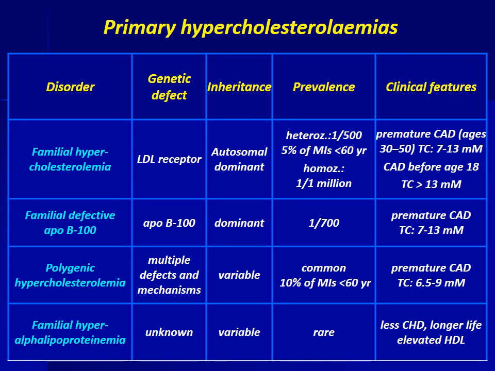Familial defective ApoB100, the genetic defect is ApoB100. The inheritance pattern is dominant. Polygenic hypercholesterolemia, the genetic defect is multiple defects and mechanisms. Inheritance variable. Familial hyperalphalipoproteinemia. The genetic defect is unknown. The inheritance is variable.